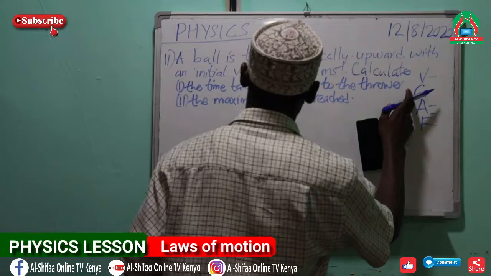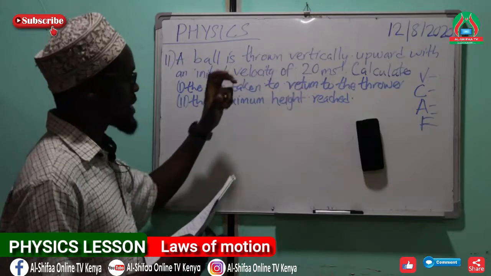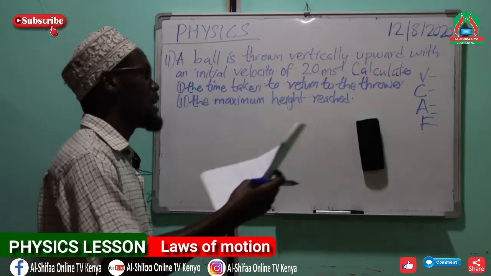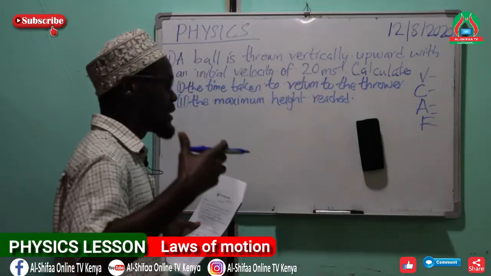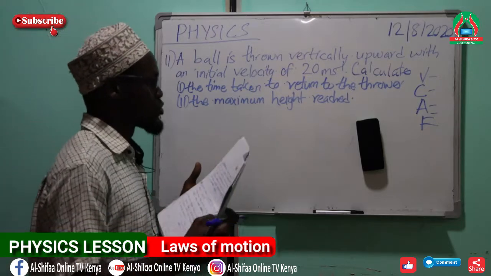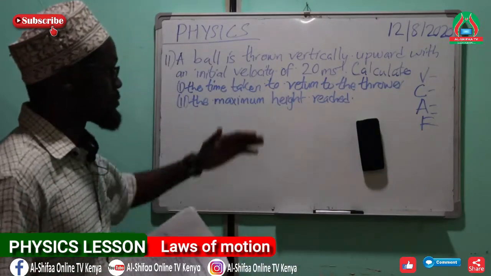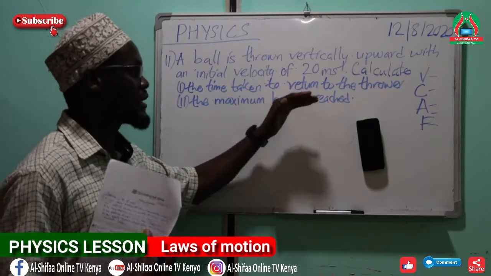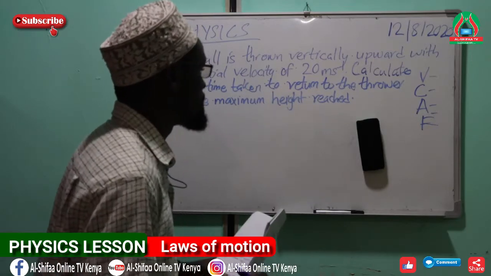Then conceptualizing is where you find out what hints and known values you are given, so that will help you find the unknown ones. Then analyzing is where we manipulate mathematically to get the correct answer. And finalizing is where we ensure we put the correct SI units or the correct form.